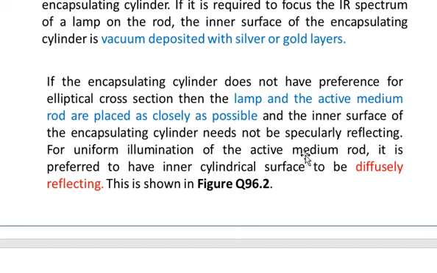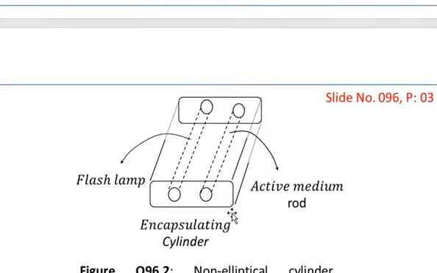For uniform illumination of the active medium rod, it is preferred to have the inner cylindrical surface diffusely reflecting. This is shown in figure number 2.